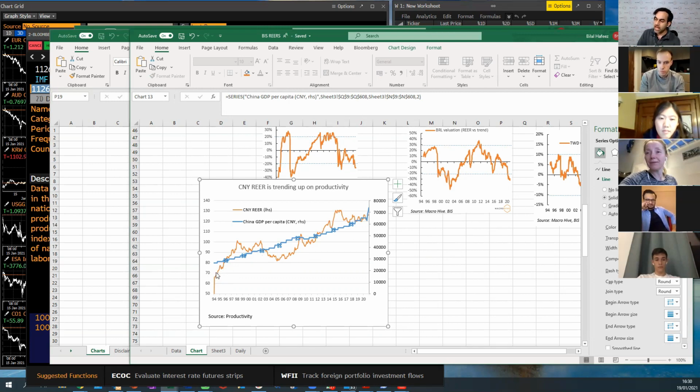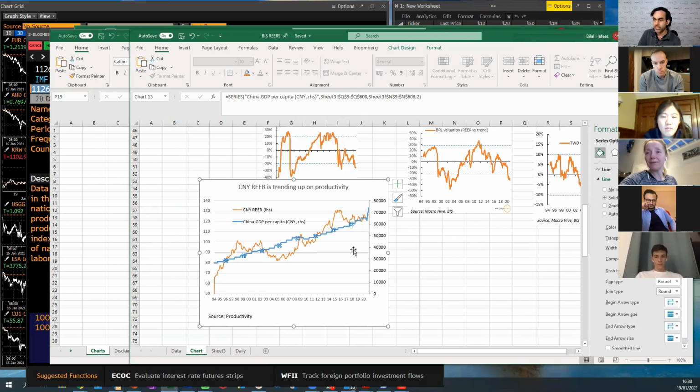So that means that the trend up in the real exchange rate is justified. So it's not expensive. What you can do is run a regression of the real exchange rate against productivity, and then you can see how far away the real exchange rate is from where it should be based on the productivity trend.